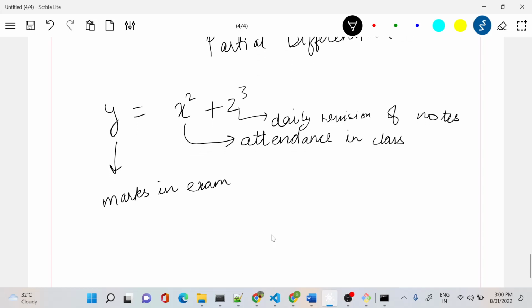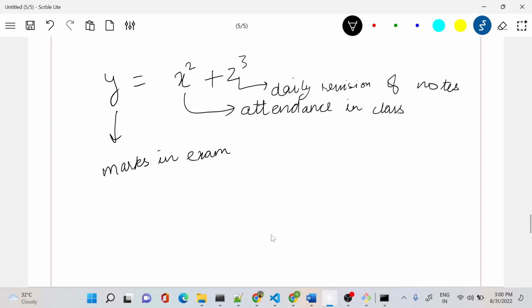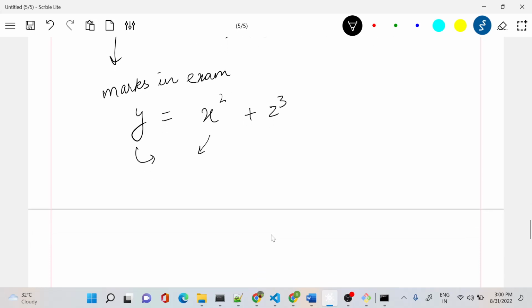So the actual equation is y equals x square plus z cube. That is, your marks depend on the square of the attendance in class and the cube of daily revision of notes. If we want to find how your marks depend only on attendance, we partially differentiate your marks with respect to attendance.